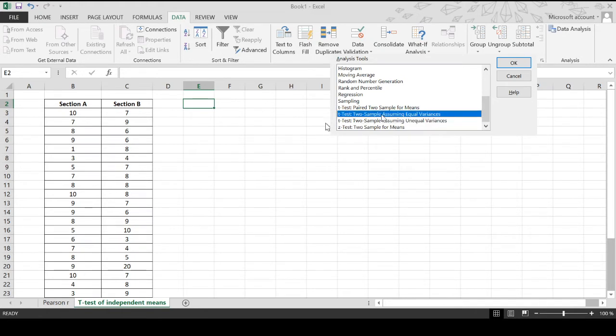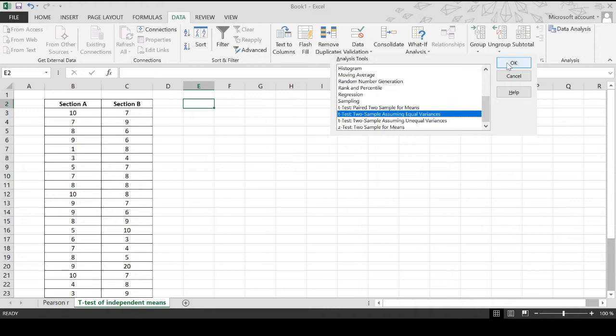For this example, we assume that these two groups have almost similar dispersion of scores, but it depends upon you. In other statistical tools, they do not have these choices, so they just have t-test of independent means.